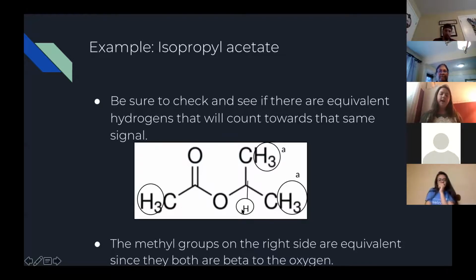We have this hydrogen right there that wasn't drawn in the structure, but you need to make sure you're still looking for that. And then 2 other methyl groups right here. In my presentation, I labeled these both as A because they're both equivalent. They're both beta to this oxygen, so they're going to have the same value, and we can group them together. You guys have already done this earlier, but that's the first thing that you want to do. Does that make sense? Sound good?